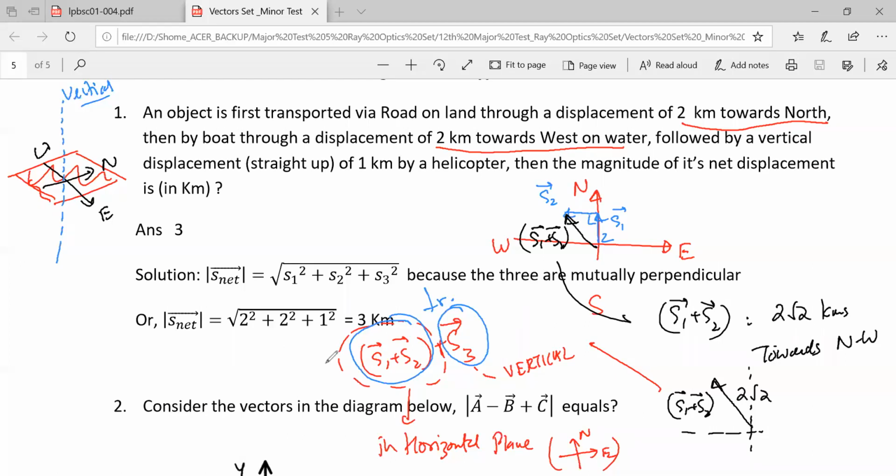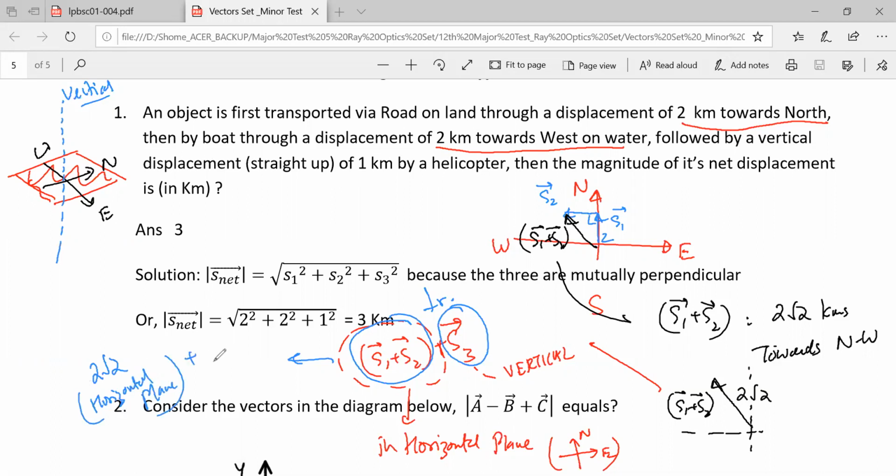So S1 plus S2. So now you're adding two. What is the Mbps we said, 100 or 75? So this is in the horizontal plane. Okay.